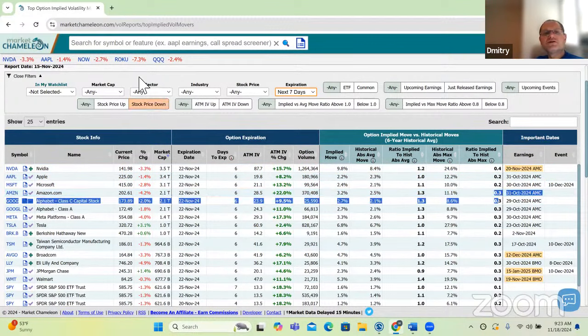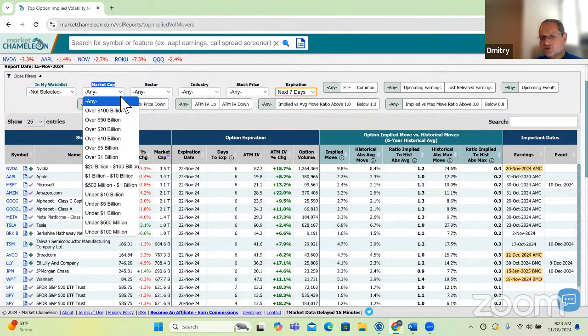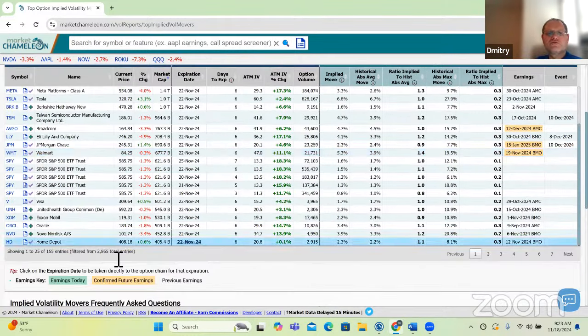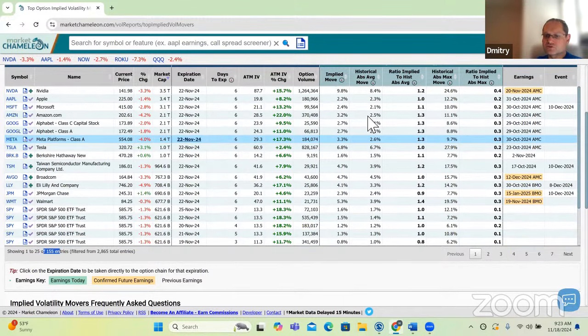So I'm going to come over here and look at higher market cap stocks. Let's just do above 50 billion. Now we've narrowed down from originally 2,865 items to 155, and that's because I used filters here.